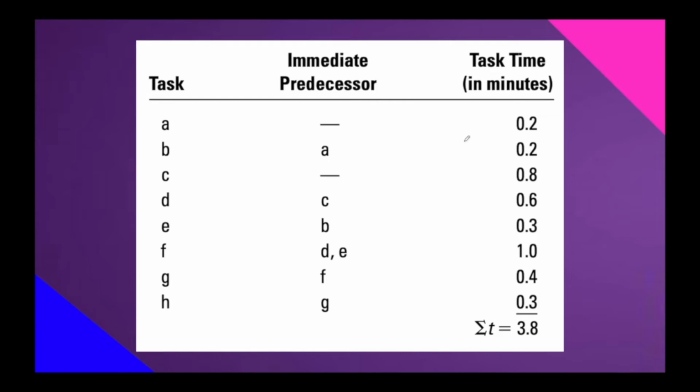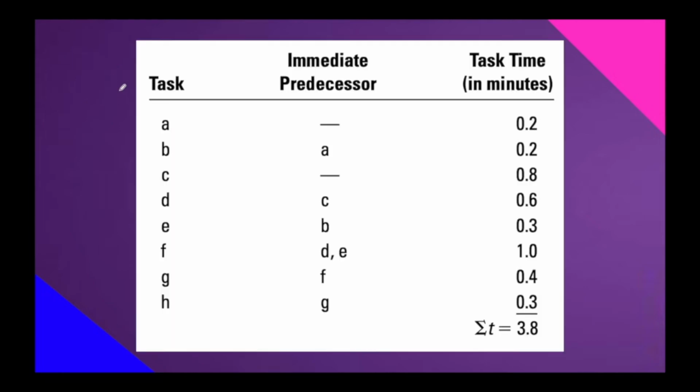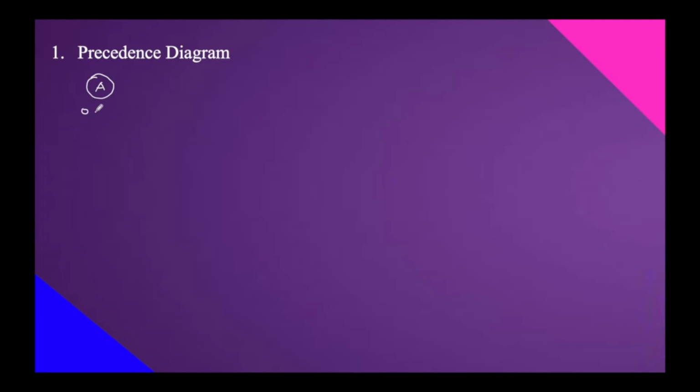Okay, so we have a total of 1, 2, 3, 4, 5, 6, 7, 8 tasks here. So, sige, let's start having our precedence diagram. This is letter A. A is 0.2.